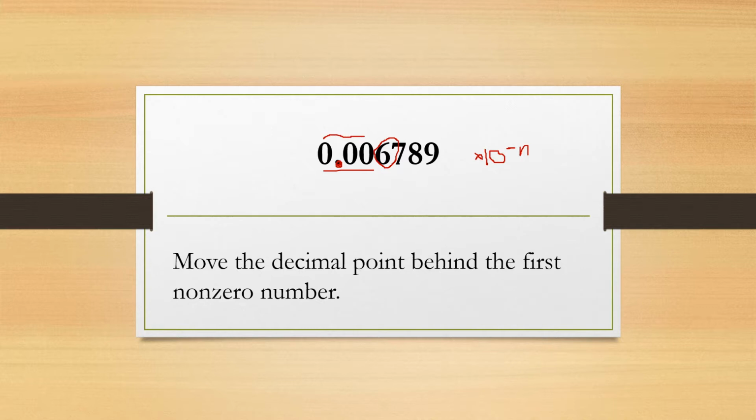So we want to move this decimal place right after the 6, right in between the 6 and the 7. So how many places are we going to move this? We're going to move it backwards 1, 2, 3. 3 places. But we're moving it this way instead of the other way, which is what we would do if the number was over 1.